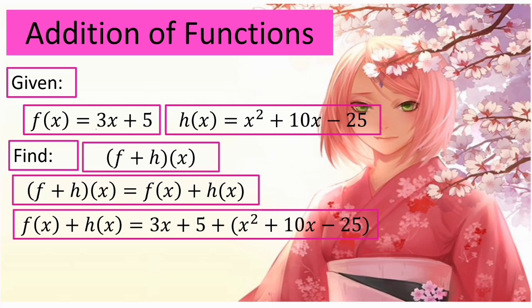So, operation na addition. So, kung makikita nyo, ito yung 3x plus 5 natin na f of x. So, ito na yon, 3x plus 5. Just substitute. Then, yung h of x naman natin, x squared plus 10x minus 25. Ito na rin yon. Okay, nakaparenthesis siya kasi isang function yan, nasa isang group.